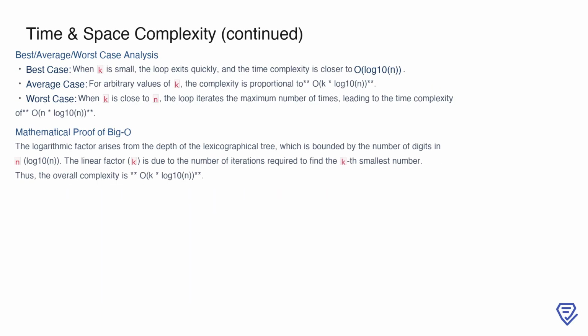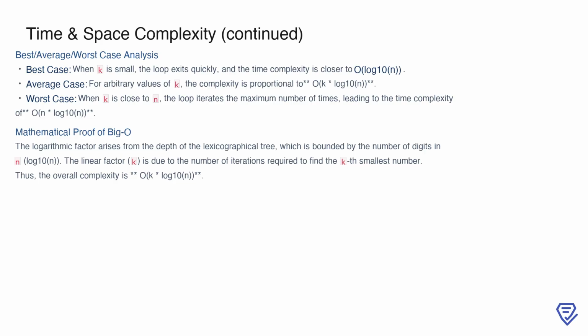Now let's examine the algorithm's performance across different scenarios. In the best case, when k is small, the loop exits quickly, leading to a time complexity closer to O(log 10 n). In the average case, for arbitrary values of k, the complexity is proportional to O(k log 10 n). The worst case occurs when k is close to n, requiring the maximum number of iterations and resulting in a time complexity of O(n log 10 n).